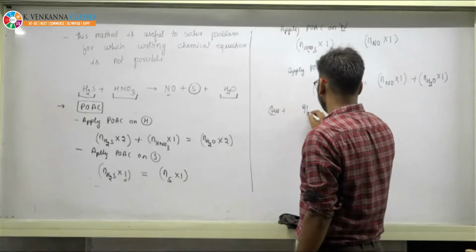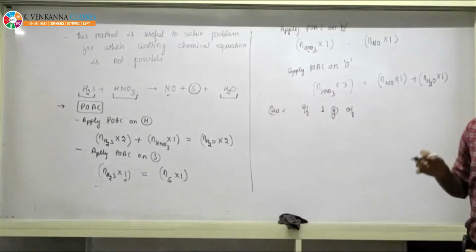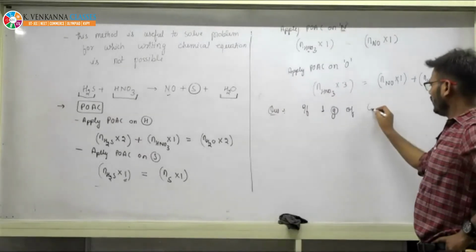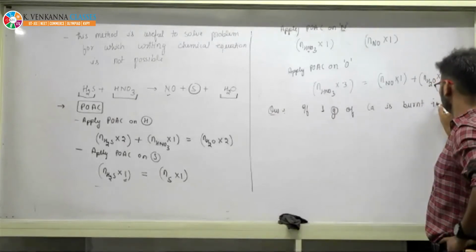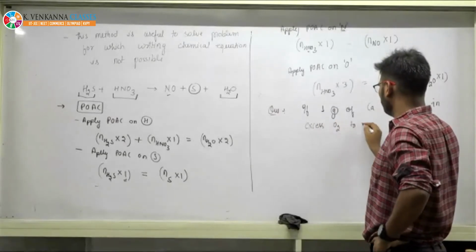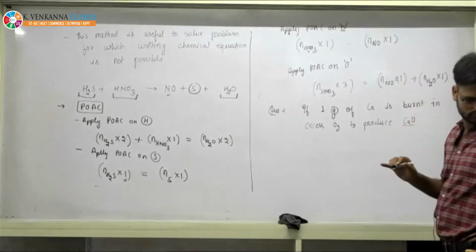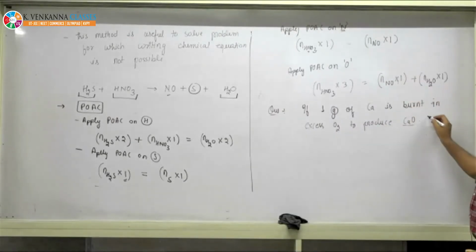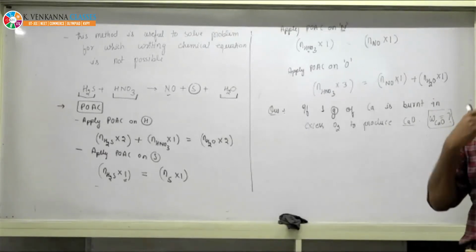If 1 gram of calcium is burnt in excess of oxygen to produce calcium oxide, you need to calculate WCaO, the weight of CaO. Right? Fine.